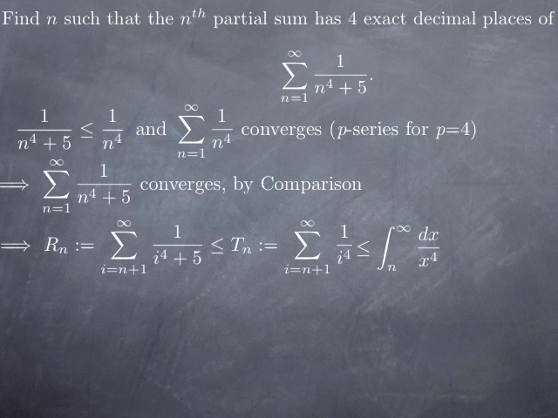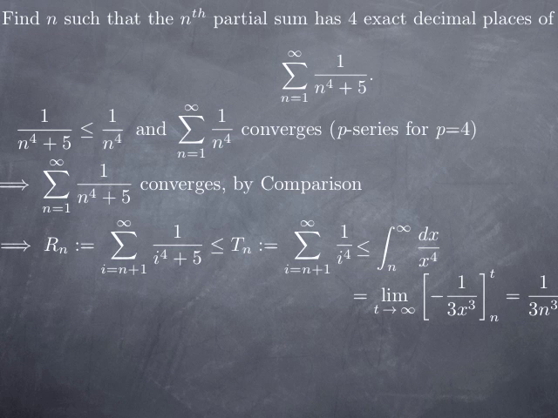Since this is x to the negative 4th, an antiderivative would be x to the negative 3 over negative 3, which we can write as negative 1 over 3x cubed. And we are looking at evaluating this antiderivative between t and n, and then taking the limit as t goes to infinity. When we plug t in, we get negative 1 over 3t cubed, and when t goes to infinity, this term goes to 0.